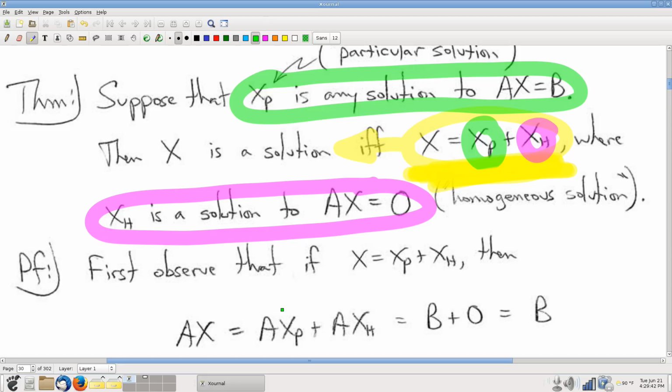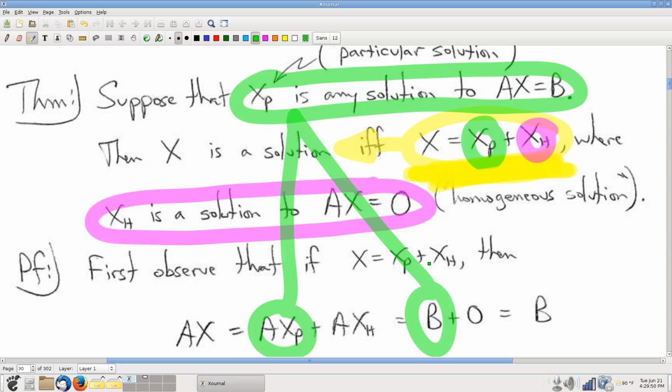Well, don't forget, by assumption, xp is a particular solution, and that means it's a solution to ax equals b, and that means that axp equals b. That's just by assumption of what xp is. What is axh? Well, remember, our assumption is that xh is a solution to ax equals 0, and that means that axh is 0. Right? That's just by assumption of what xh must be.